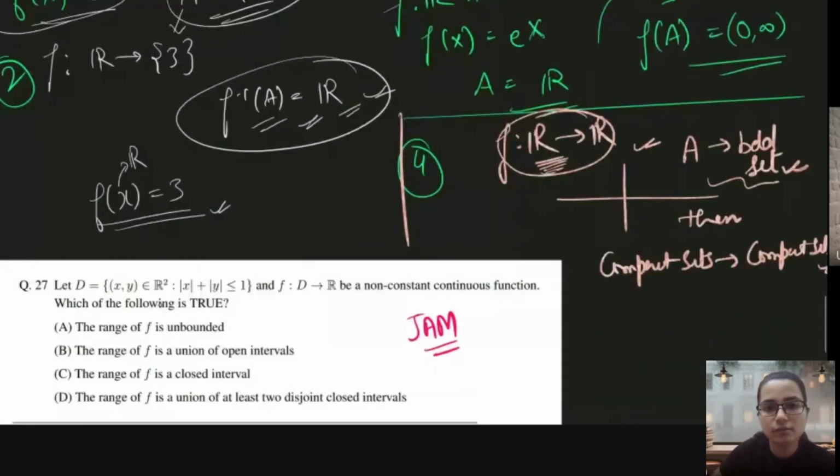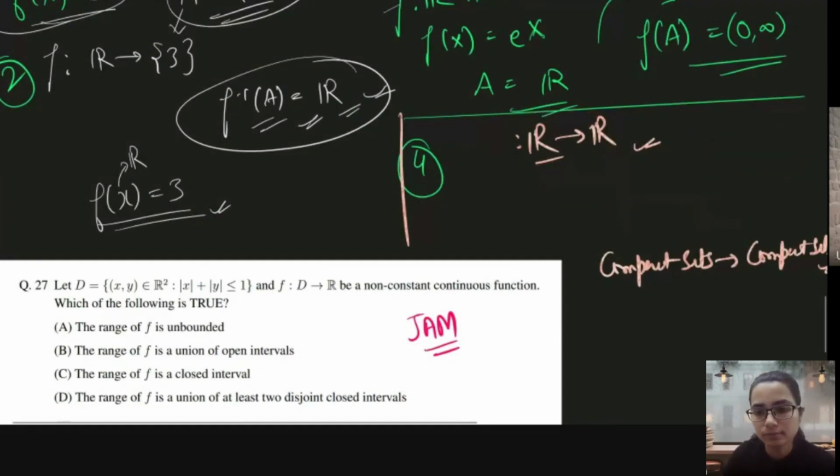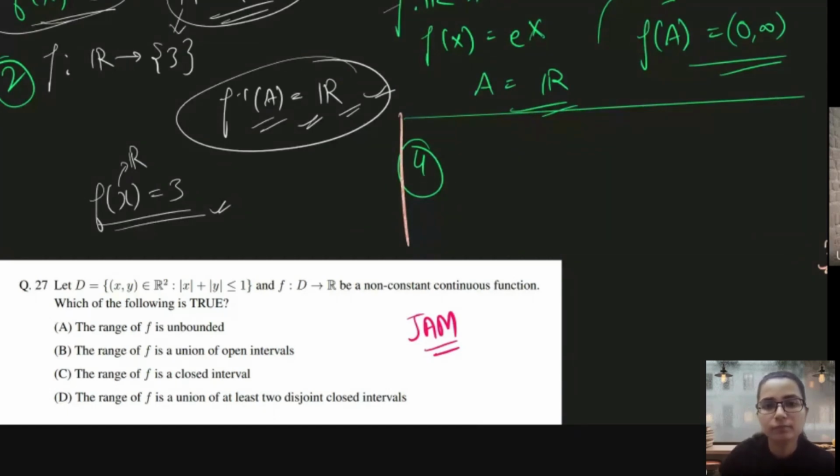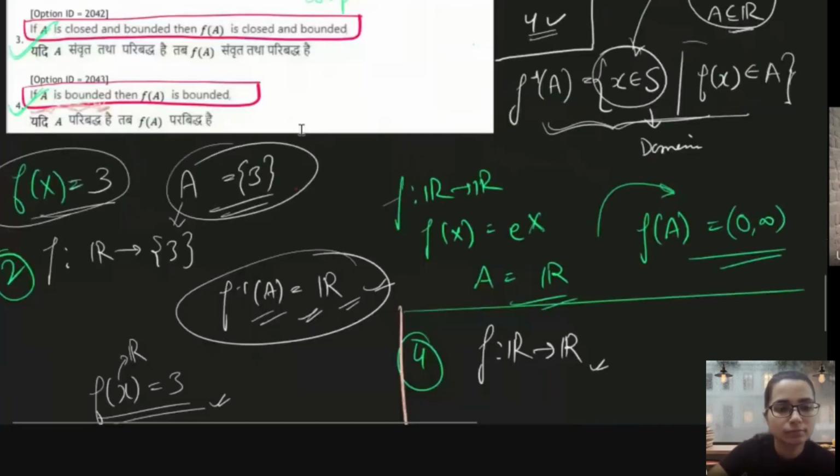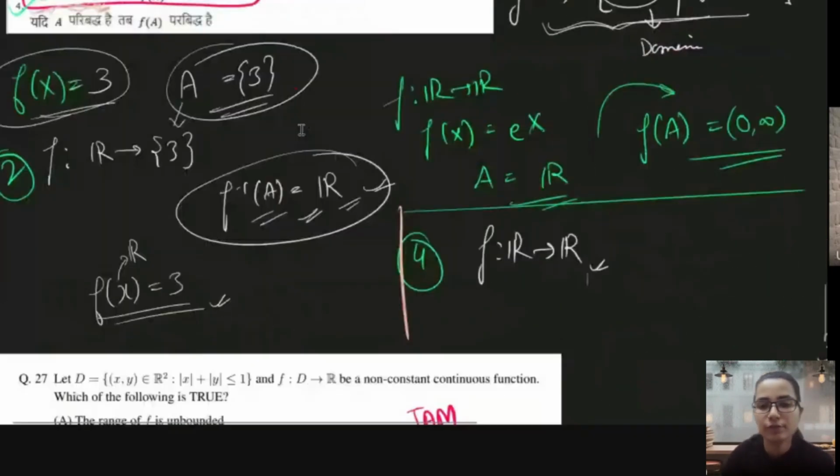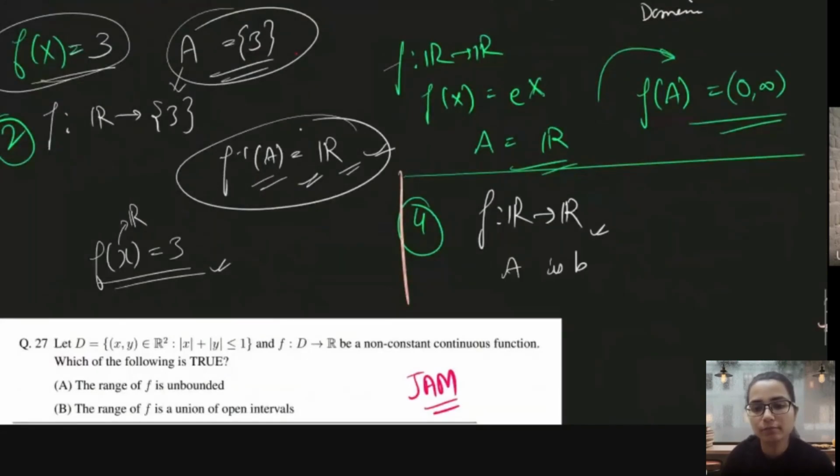Just a second. So F is continuous from R to R, and A is given to be bounded.